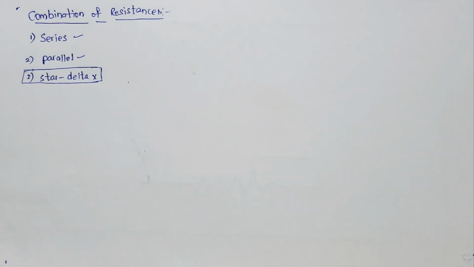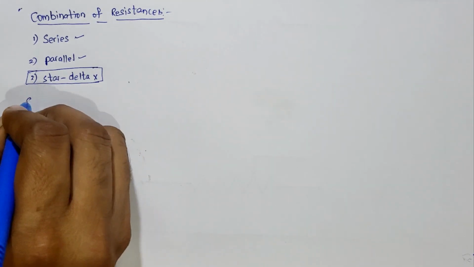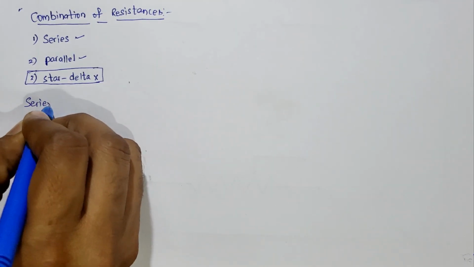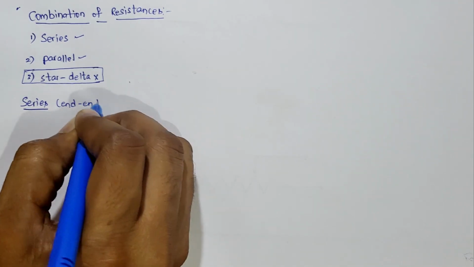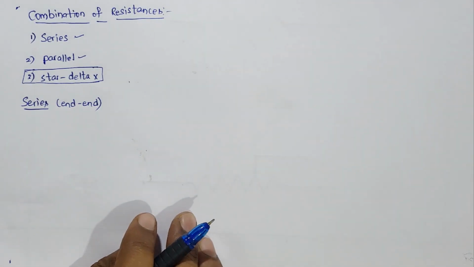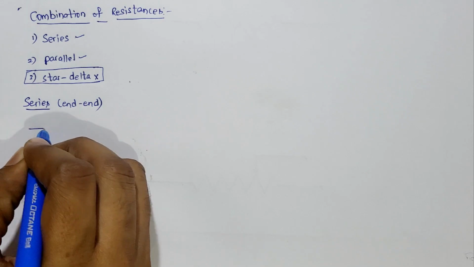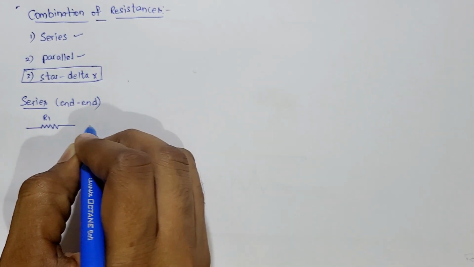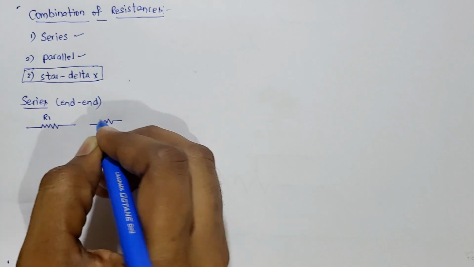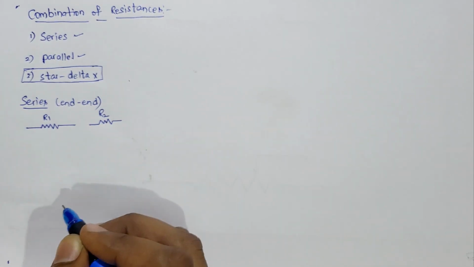Now what is series connection? Series connection is also known as end-to-end connection. End-to-end means what? When there are two resistances like this, imagine this is resistance R1 and there is one more resistance named R2.